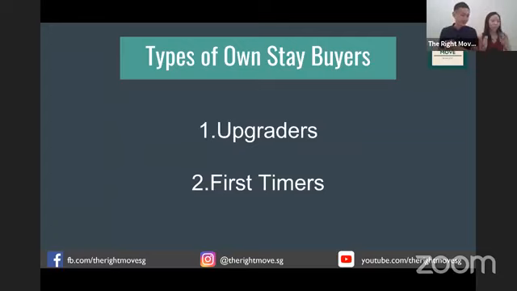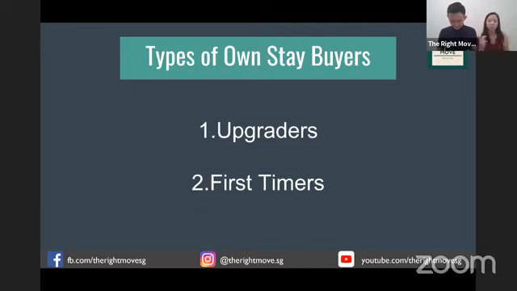Next, we like to think about who are the buyers that we want to target when we sell. Normally there are investor buyers and own stay buyers. The point to think about is who will pay you more for your property when you are selling: a person who is investing, or a person who needs to buy your property for own stay.